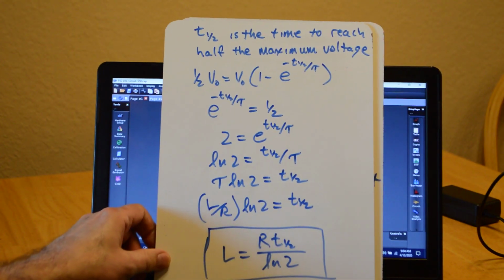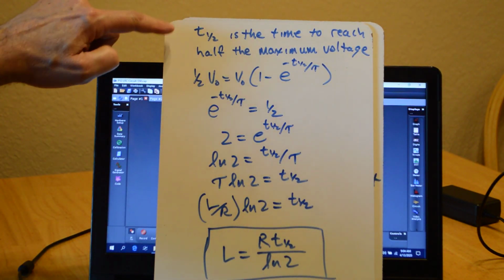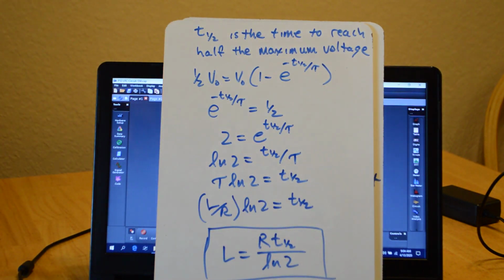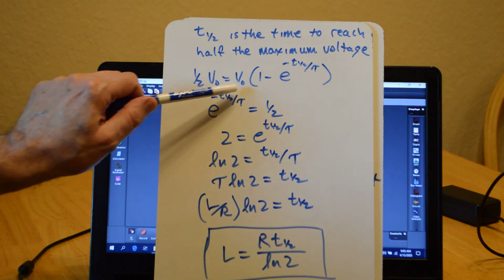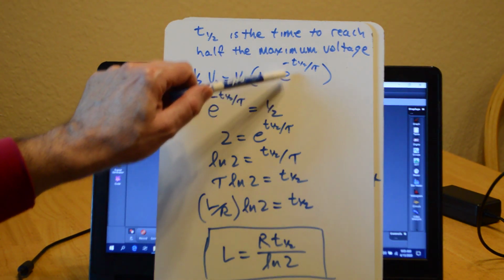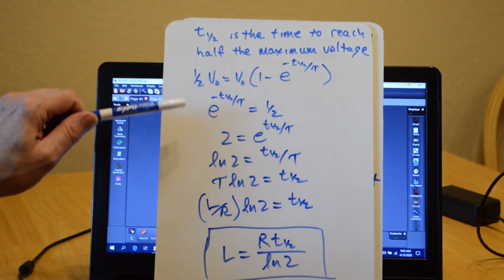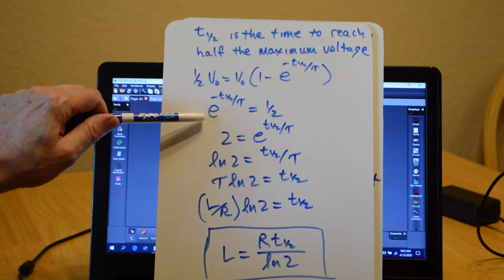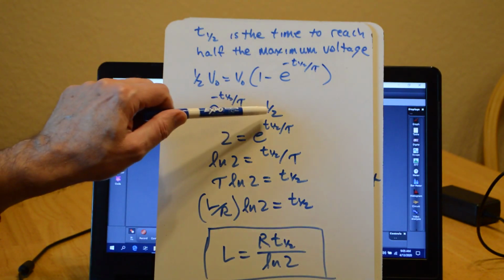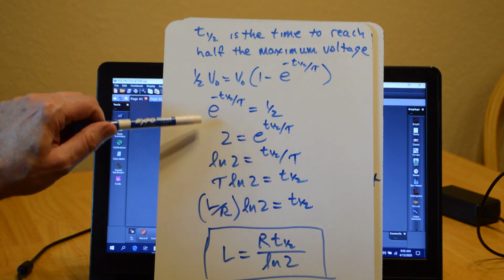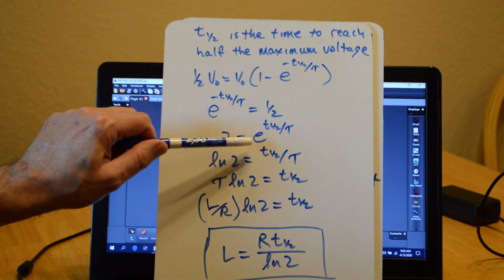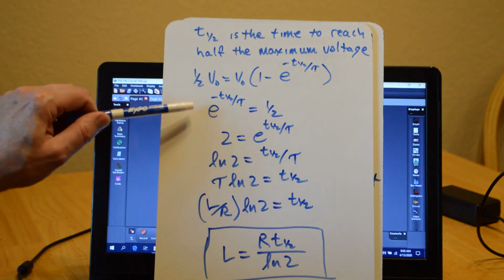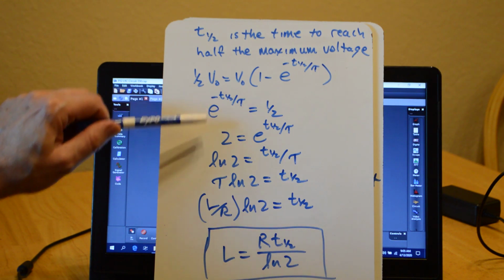So here we have T1 half is the time to reach half the maximum voltage. So we have 1 half V equals V times the quantity 1 minus e to the minus t1 half over tau, or e to the minus t1 half over tau equals 1 half. And then 2 equals e to the t1 half over tau, since the minus is just the reciprocal.